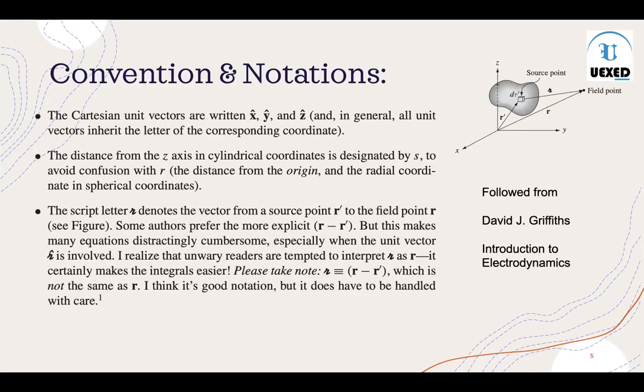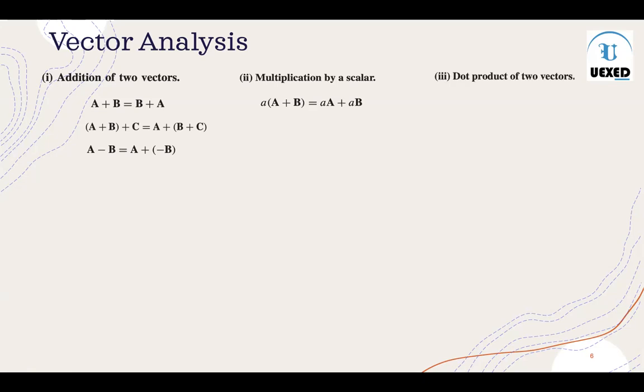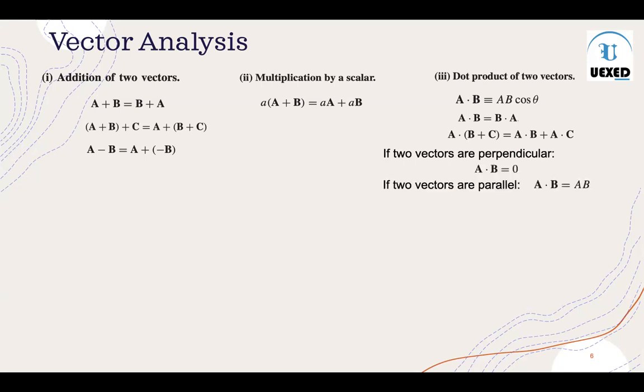Then there are some conventions and notation, and I'm going to follow Griffiths' book throughout, so these are discussed in detail. After that, we started with vector analysis, where I summarized what addition of two vectors means, multiplication by a scalar, the dot product of two vectors, and why it is important when vectors are perpendicular and when they are parallel.